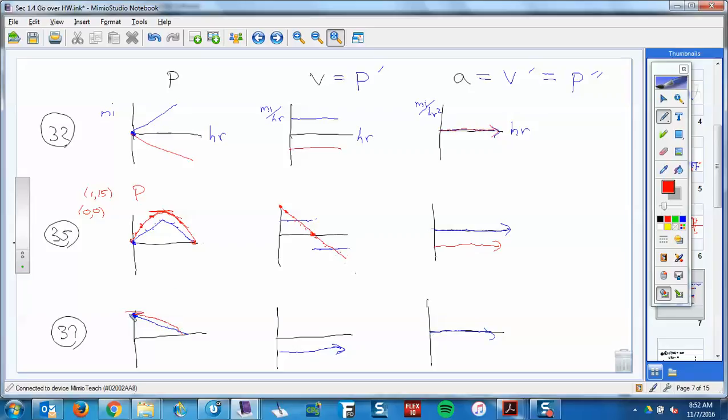But if it was the red graph, give me a slope. What do you think the slope is right here at the beginning? Depends how I drew it, but if it was the peak like of a parabola, it'd be 0, wouldn't it? So you could reason that my slope starts out at 0, then what? -1, -2, -3, -4. So you could say starts out at 0 and then -1, -2, -3, right?